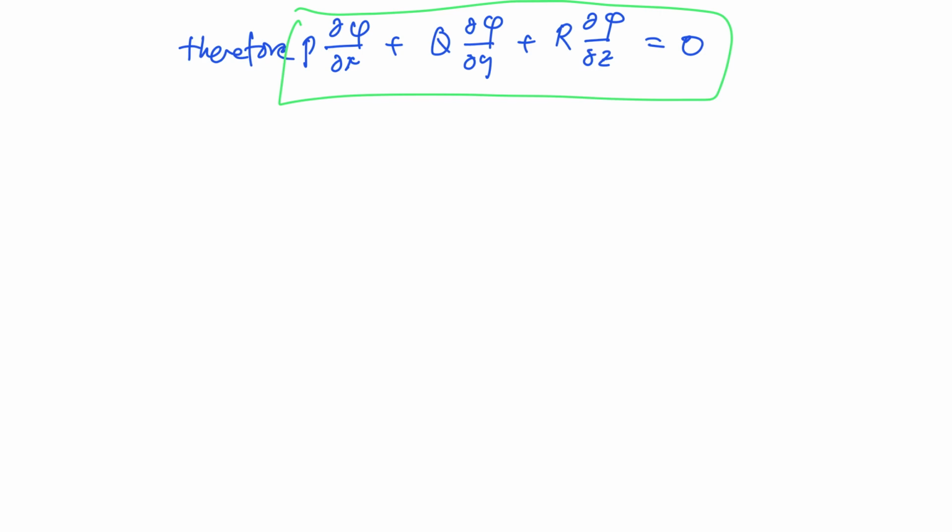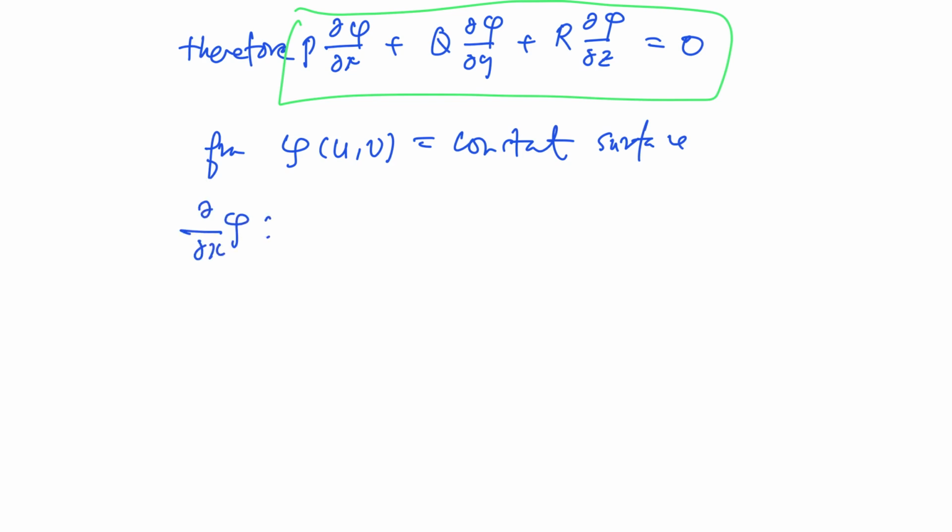And from psi of u, v is some constant surface. Let's take ∂phi/∂x. This is psi(x, y, z). Then ∂psi/∂x plus ∂psi/∂z ∂z/∂x is equal to 0.